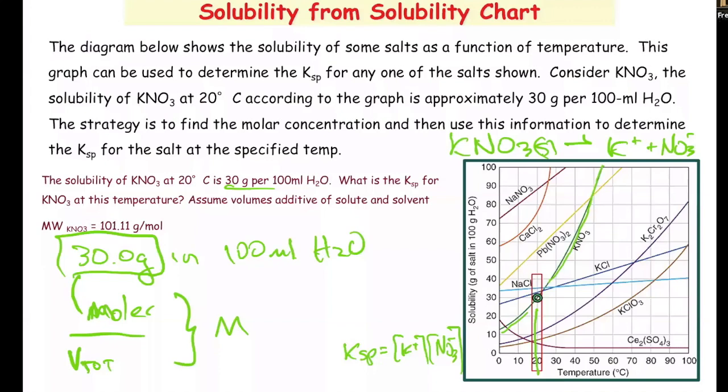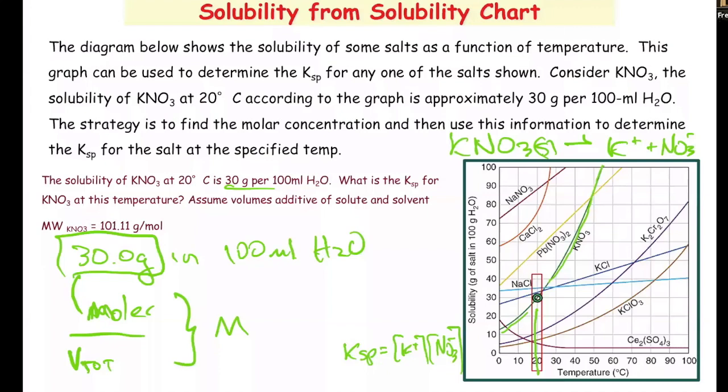And because we know that potassium nitrate readily dissolves, then we can say that the KSP is probably a large number.